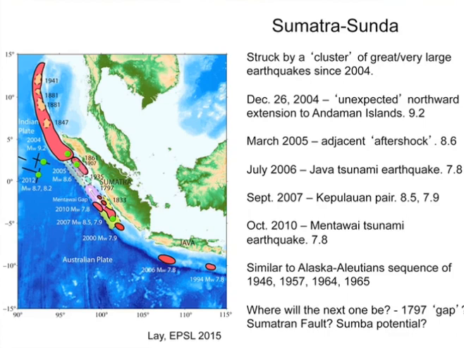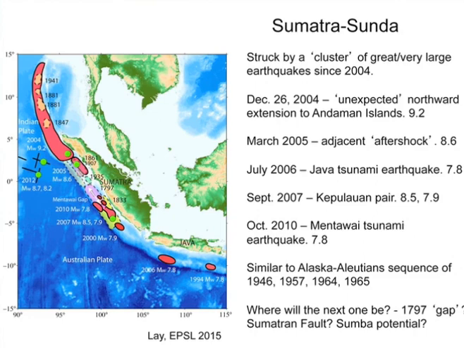So it began with this long event, but that event just produced an aftershock, a measly 8.6 aftershock, that ruptured just to the southeast. So the December 26, 2004 event ruptured here, and in March of 2005, an adjacent region ruptured in an 8.6 earthquake.